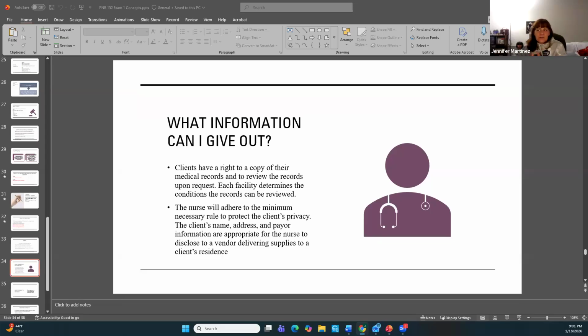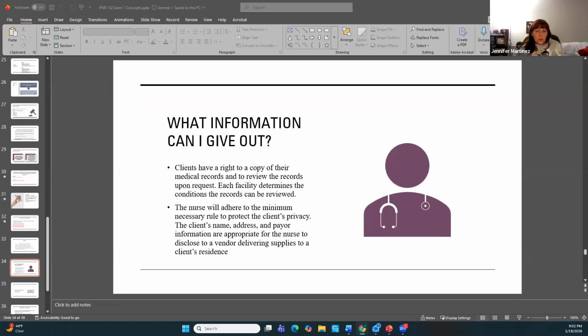But the nurse will adhere to the minimum necessary rule to protect the client's privacy. So let's say you have a client that's being discharged and they need durable medical equipment. They need a walker, a wheelchair, a bedside commode, whatever it is. You can call the DME company. You can give them their name, their address, and their insurance or payer information.